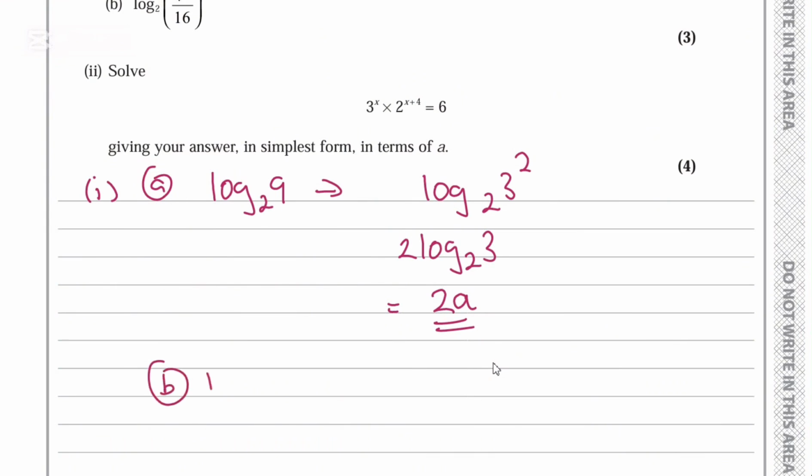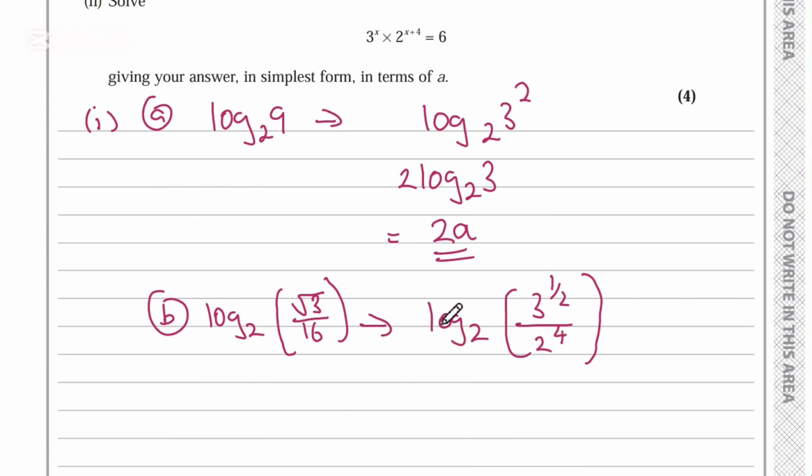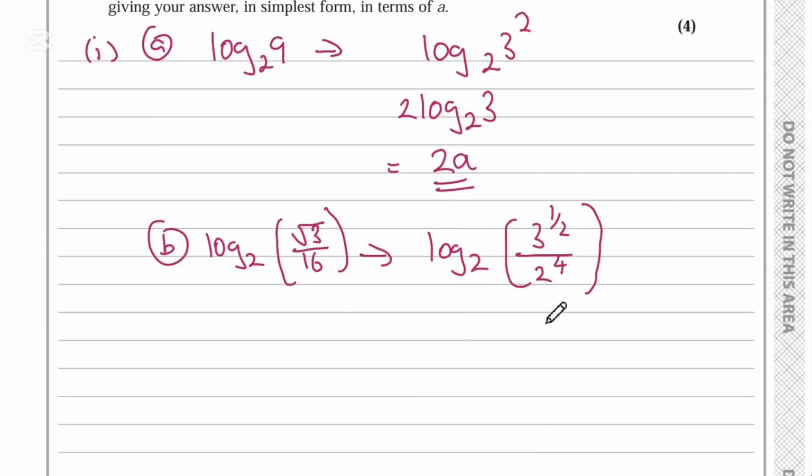Part B, I have log to the base 2 of root 3 over 16. Right? So I'm going to be rearranging this. Root 3 is 3 to the power half, and 16 we know is 2 to the power 4. And when I divide logs, we know dividing logs is minusing, so this would be equal to log to the base 2 of 3 to the power half minus log to the base 2 of 2 to the power 4.